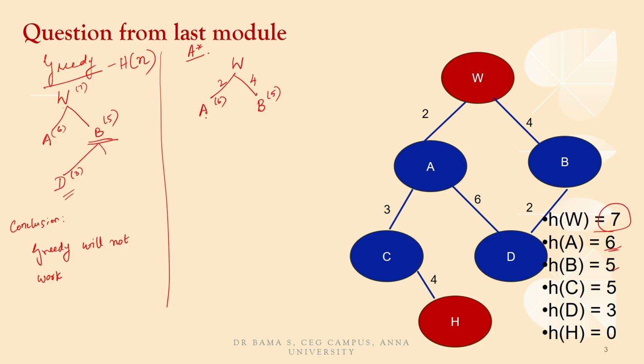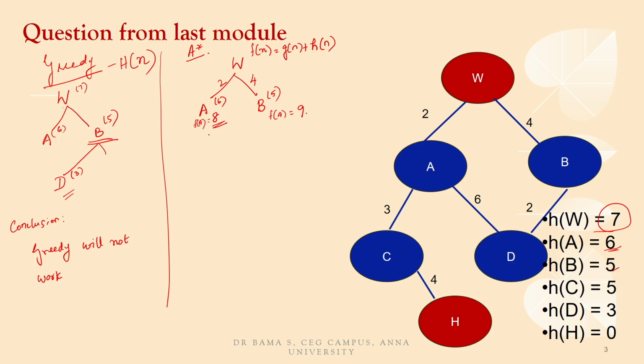Now, the total cost for A star, remember, is f of n equals g of n plus h of n. So, 6 plus 2 is 8, f of A is 8, and for B, f of B is 5 plus 4 equals 9.